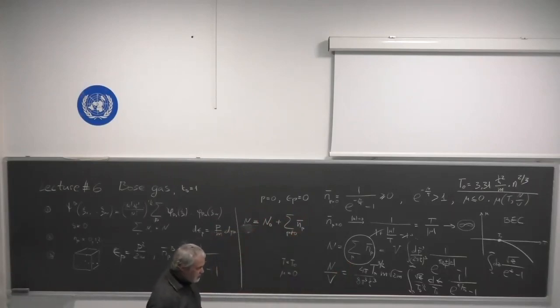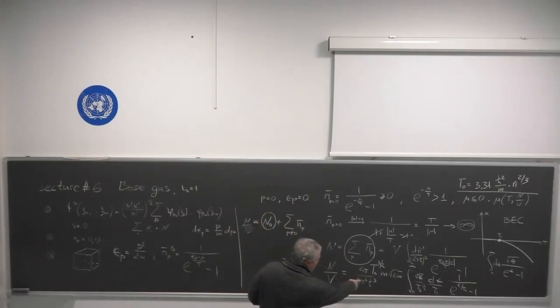And we are saying that the number of particles occupying the state with zero momentum is macroscopically large. Therefore, what we get by doing this integral is the number of particles occupying the states with non-zero momentum.